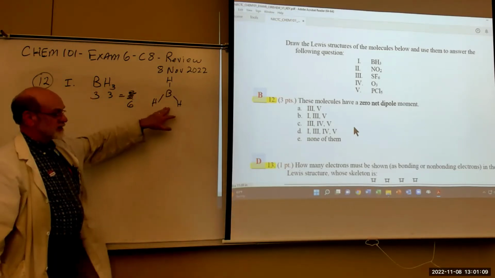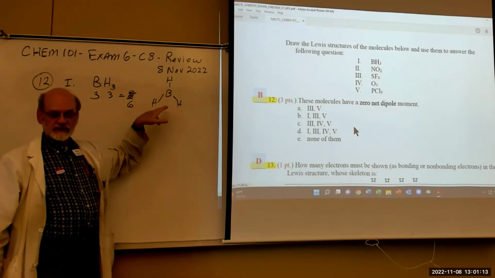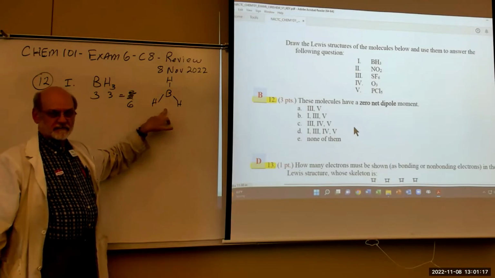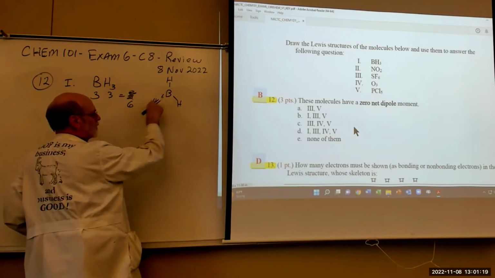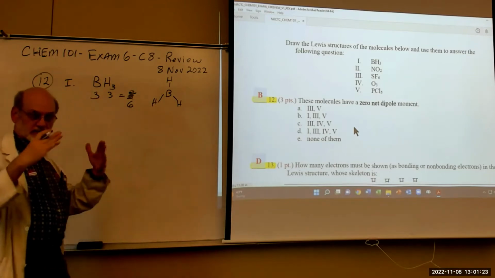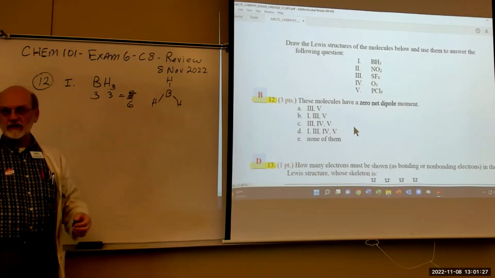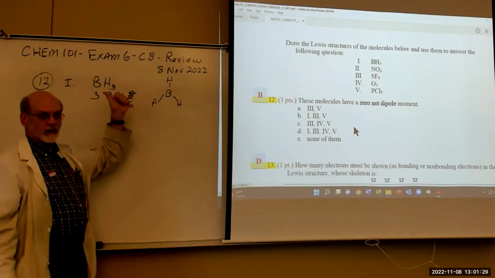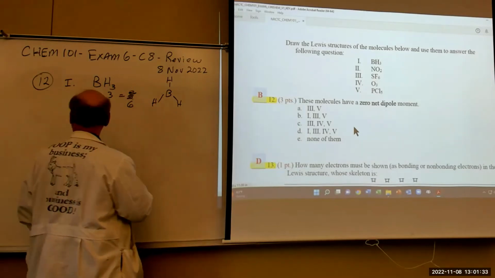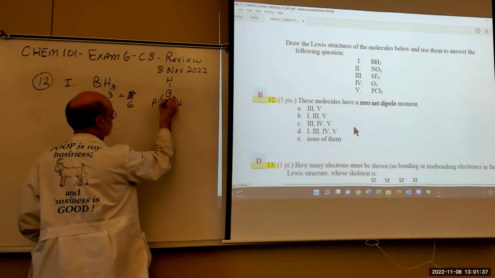And VSEPR theory says if you got 3, what's the structure? Trigonal planar. So all the dipole moments, whatever they happen to be, will cancel each other out because they're all either directed in or directed out. So you don't even have to know if it goes this way or that way. They're all equivalent dipole moments.